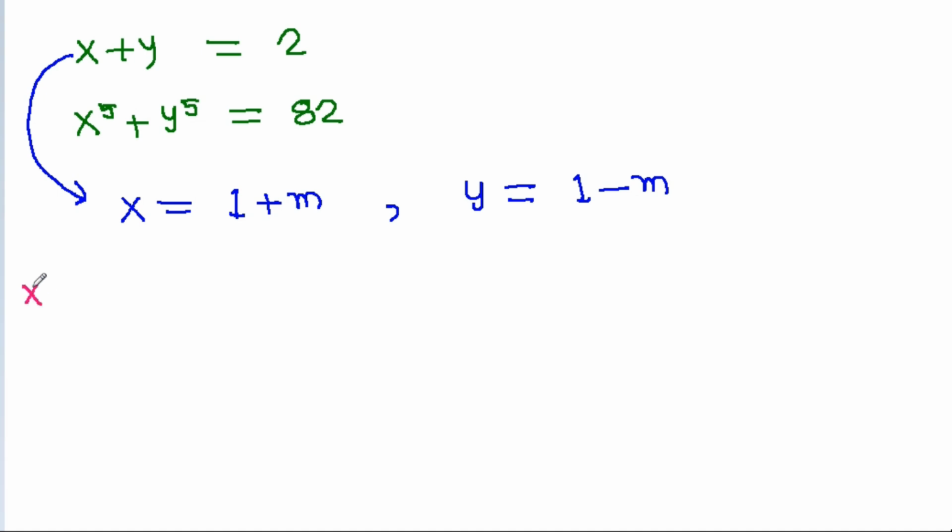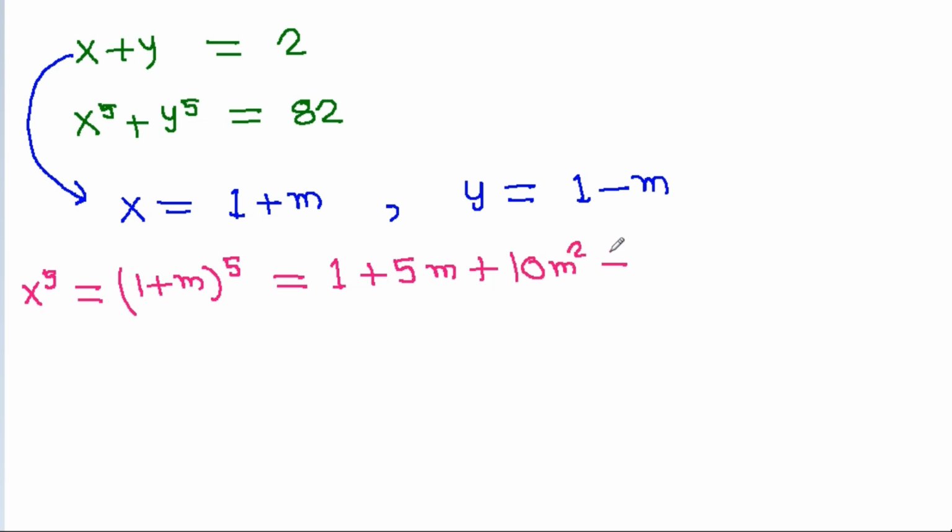Then x power 5 will be equal to 1 plus m power 5, and by binomial expansion this will be equal to 5c0, that is 1, plus 5c1, that is 5m, plus 5c2, that is 10 m square, plus 5c3, that is 10 m cube, plus 5c4, that is 5 m power 4, plus 5c5, that is 1 m power 5.